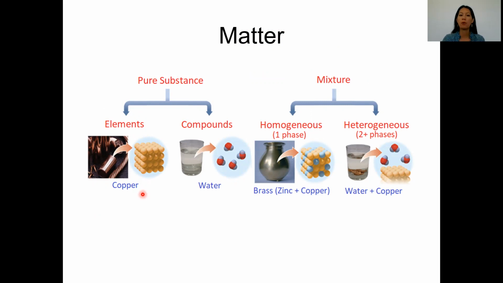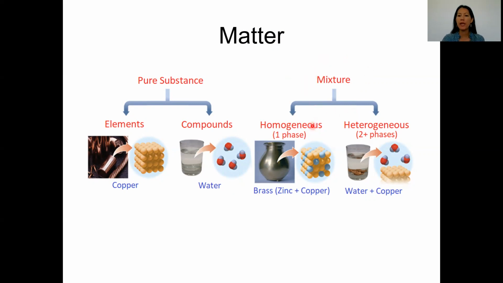It's just pure copper. Compounds can also be pure. So water itself, like from a tap, from the kitchen sink, that could have other ions in it, and that would be impure. But a pure compound of water would be just completely pure H2O, nothing else in there.